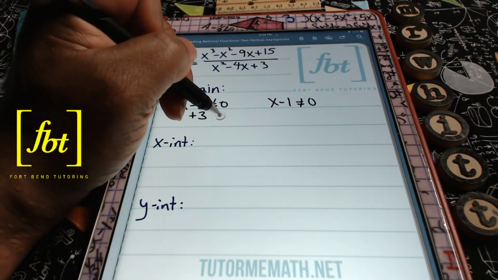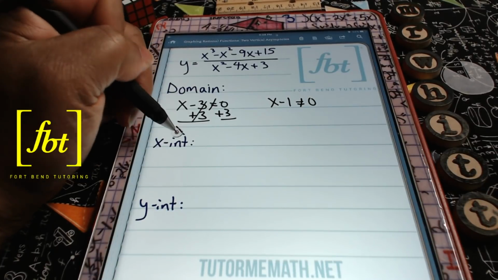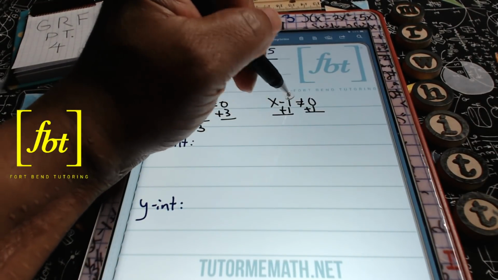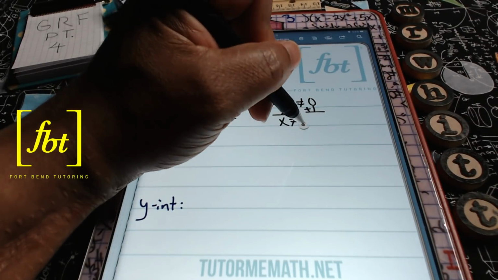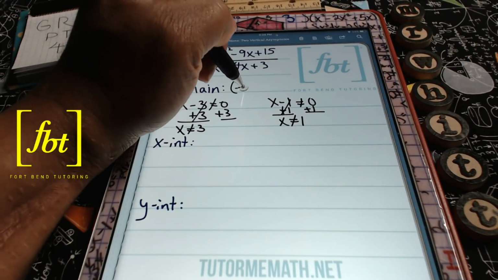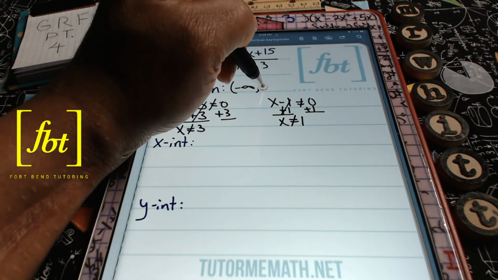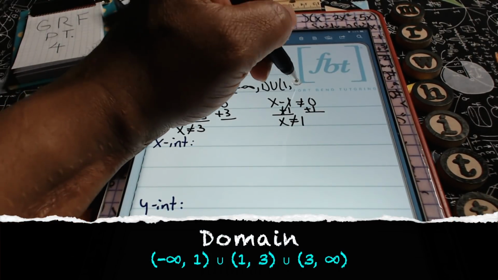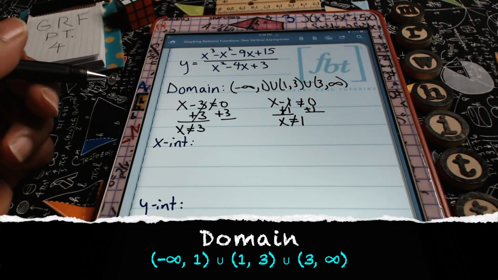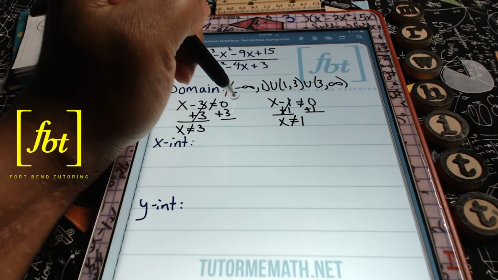So solving for each, you should know that x cannot equal positive 3, and that x cannot equal positive 1. So therefore, our domain written in interval notation is going to be negative infinity to 1, union 1 to 3, union 3 to positive infinity. And this is your domain.